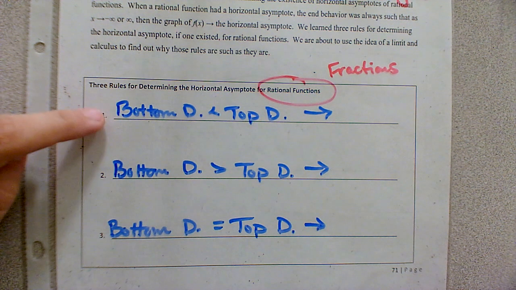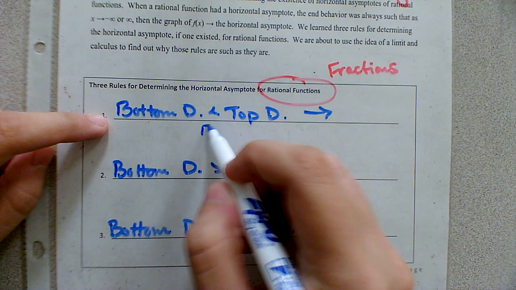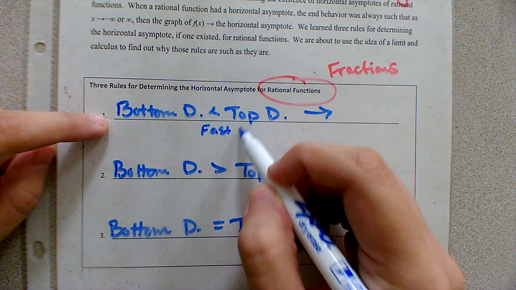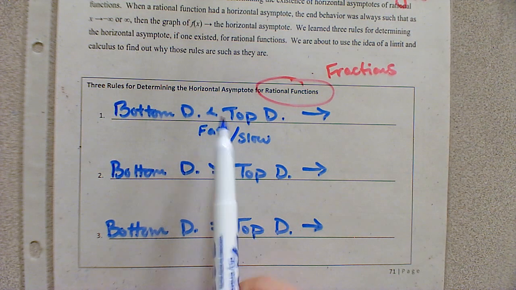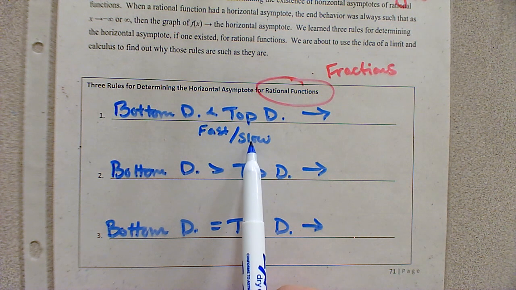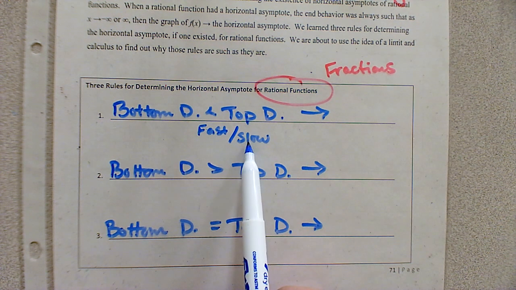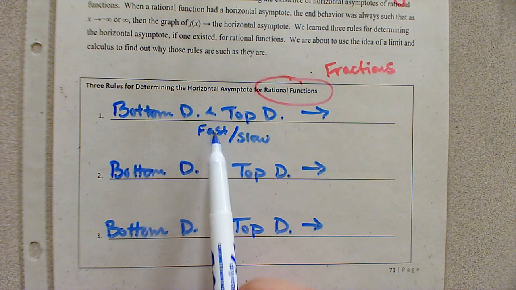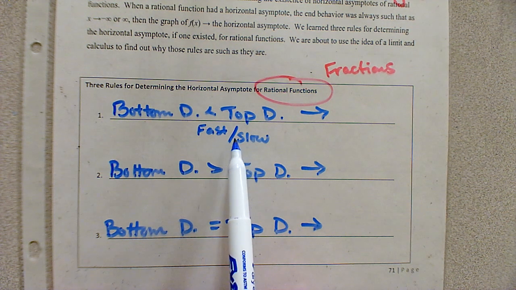So if we think about it, if the top degree is higher than the bottom, we have a very fast growing function divided by a slower growing function. So if the top is getting very, very large, whereas the bottom is not growing as quickly, you're going to have a really big number over a much smaller number. So a big number divided by a small number is still going to be a very big value.